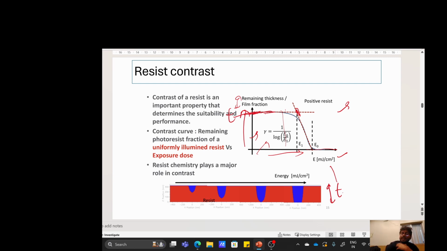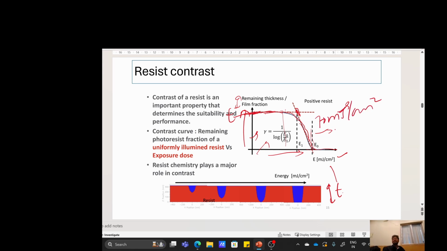Then we increase the energy, and it starts removing the photoresist. Then there comes a point, this E naught, let us say this is 70 millijoules per centimeter square.